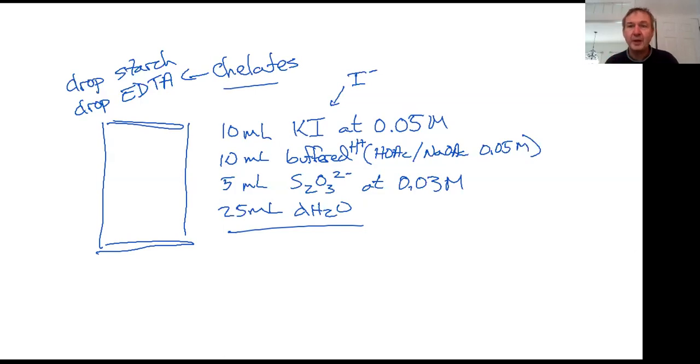So here's what Hank, your lab partner, will do. He will then add 10 mils of hydrogen peroxide at 0.9 molar. Notice that's way more concentrated than the S2O3. That's on purpose. That's how this reaction works.